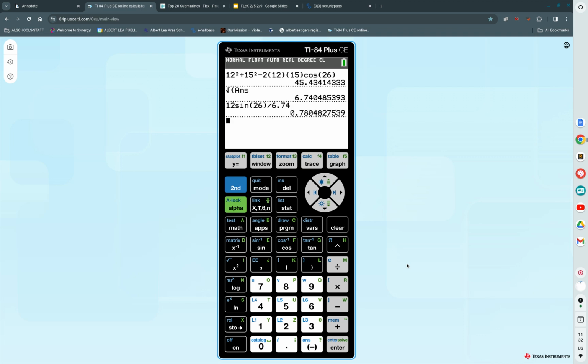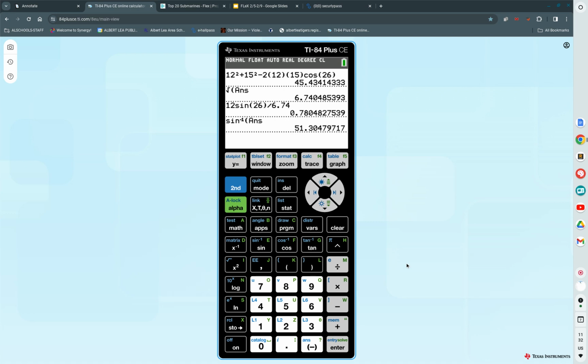I got that. Is that my answer? No. What do you need to do with that? Sine inverse. Watch how you can save some time. I'll press second sine. Now what do you think I press? Second answer, and that brings that answer right in there. I get 51.30. That way you're not even rounding at all. It's grabbing the exact value.